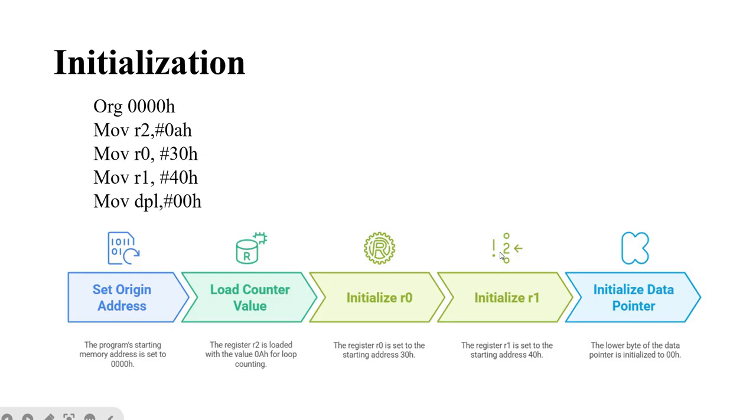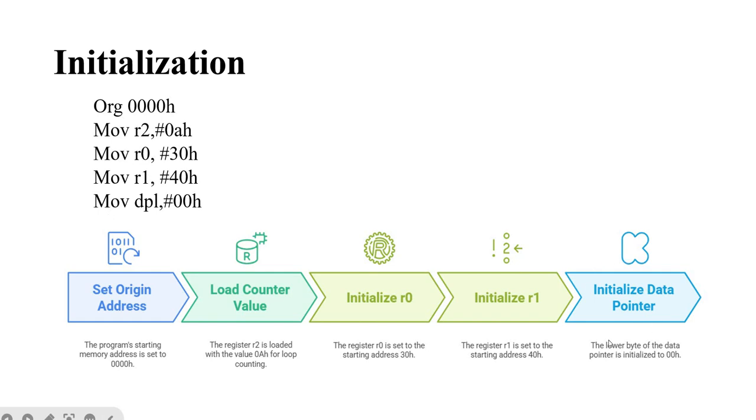Once this is done, the next step is initializing the register R1. The register R1 is set to the starting address 40H, which will be used as the higher byte of the destination address 4000H. For that, we'll use the instruction MOV R1, #40H.